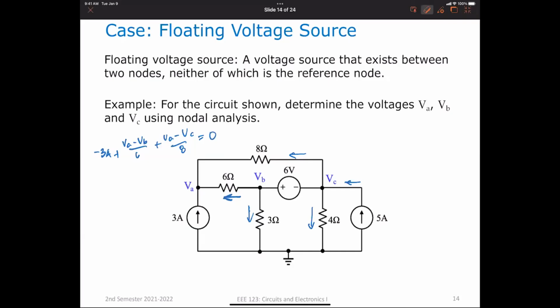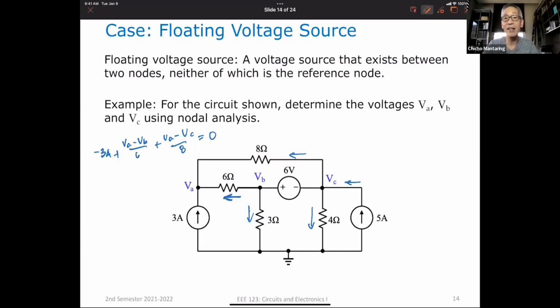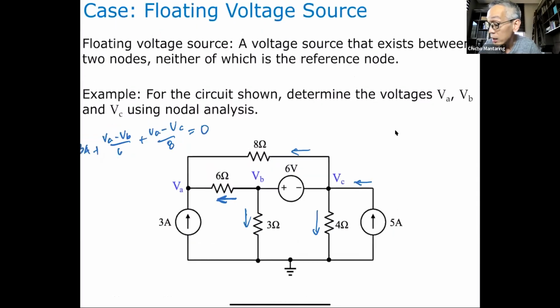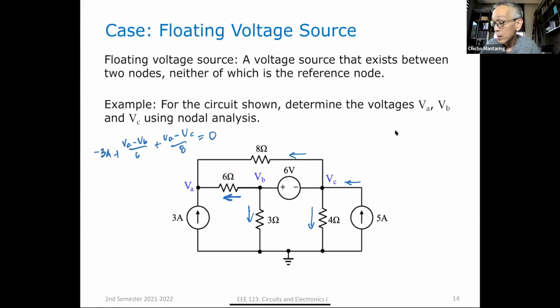Is it VB minus VC equals 6 volts? That's right. Very good. The third equation you can form is VB minus VC is equal to 6. In other words, this voltage source constrains the voltage between VB and VC to be equal to 6 volts.